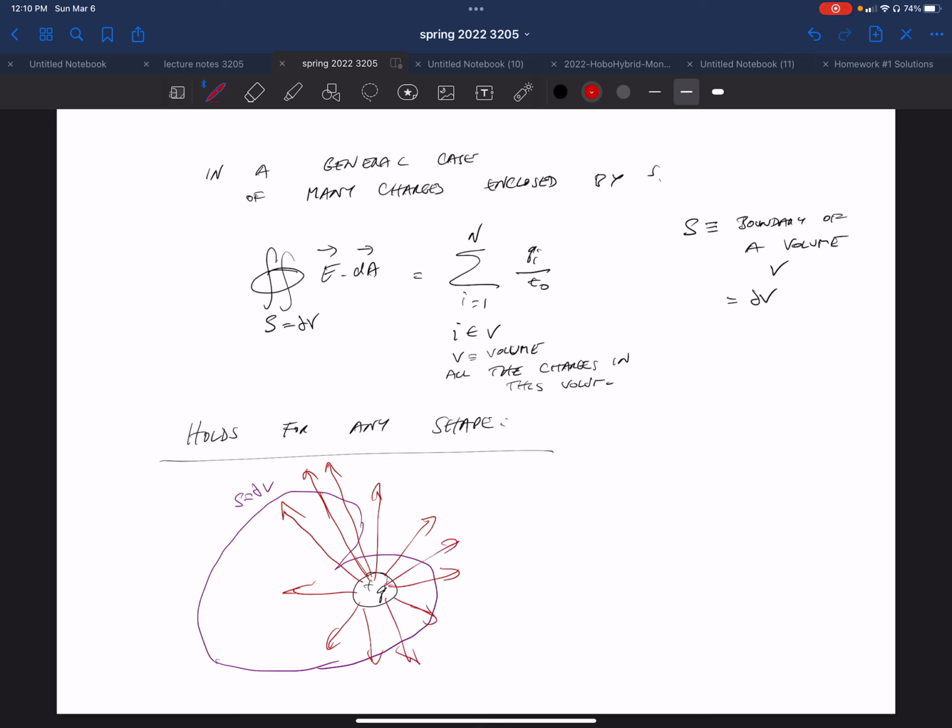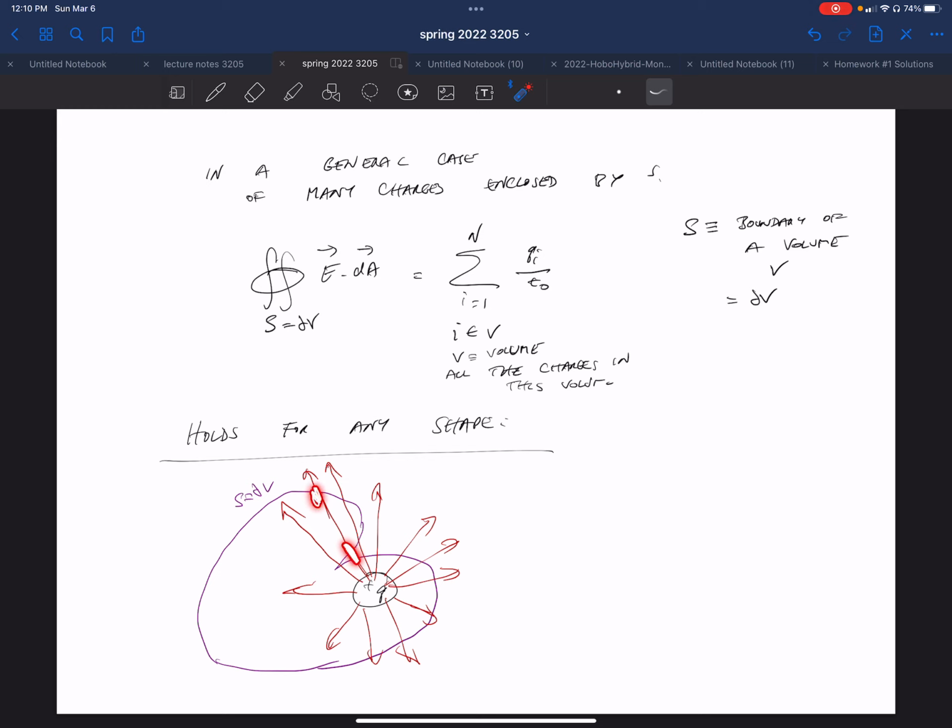It should be symmetric around this, but my point here is if you have multiple lines in and out, these guys don't mean anything because they cancel each other out. So this is one line going out, one line coming in. This doesn't matter, the counting will cancel out.